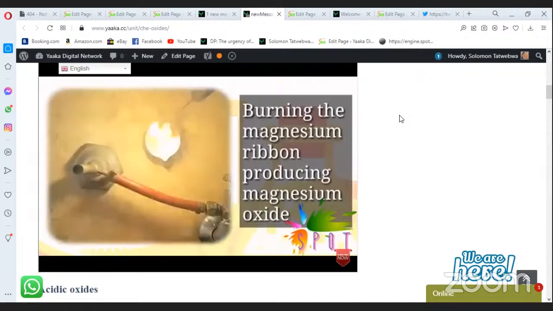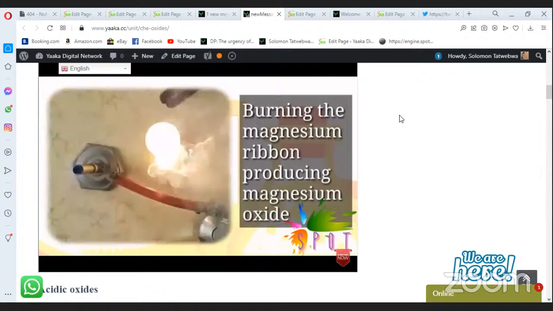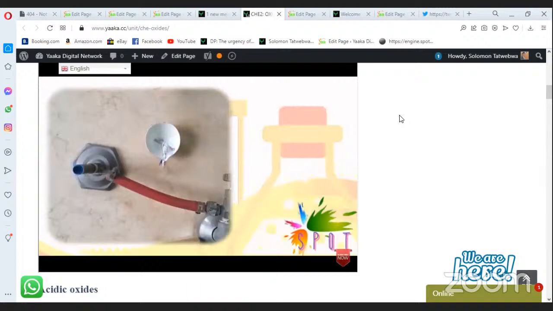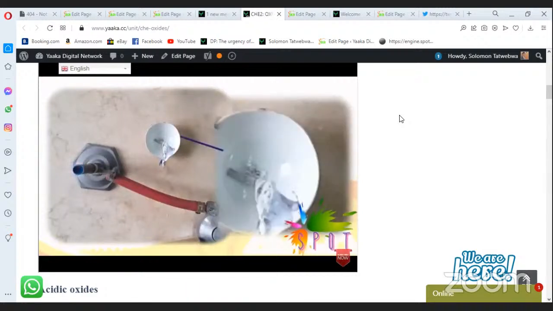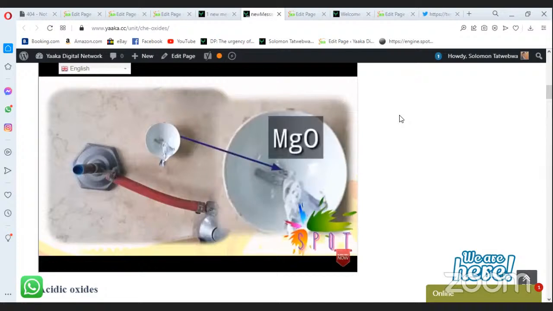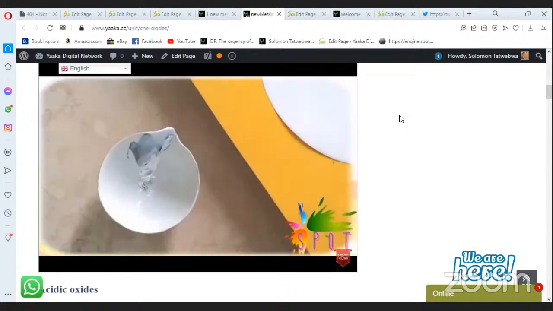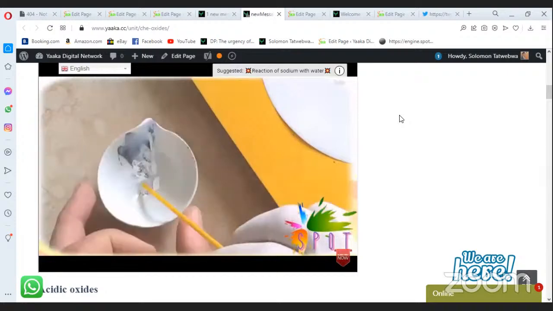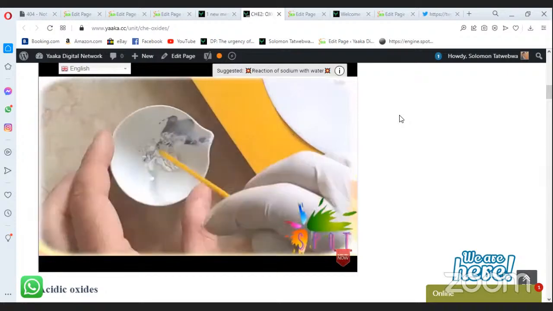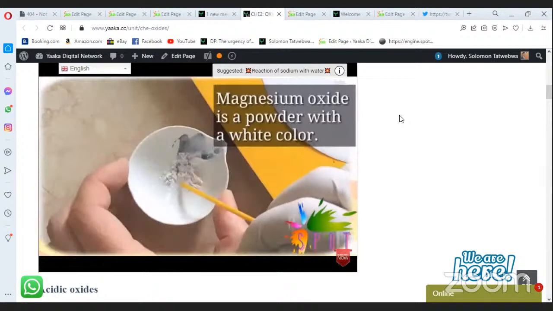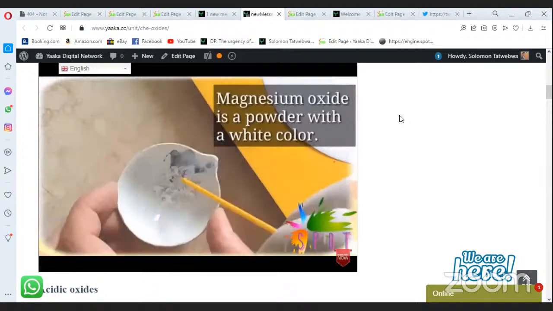Burning the magnesium ribbon producing magnesium oxide. Magnesium oxide is a powder with the white color.